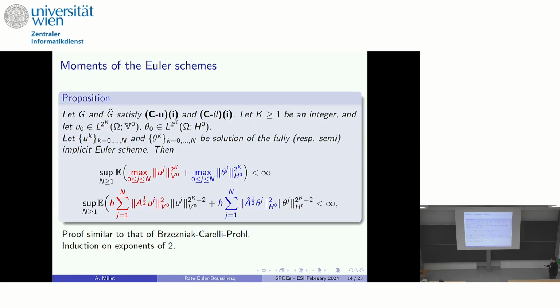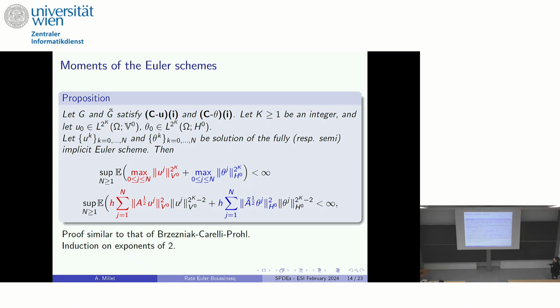The answer is yes. Except that here, because of a technical reason, if you want to prove that any moment of p is well behaved, you use an induction argument on the exponent of 2. That's just a technical issue. So that's why the initial conditions are stated in terms of dyadic exponents.